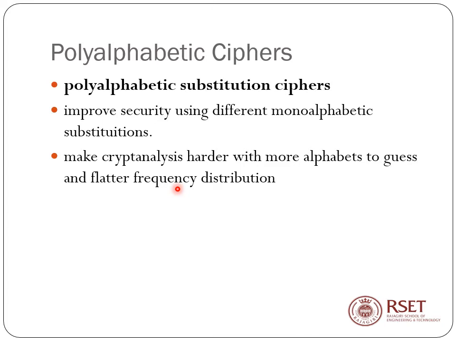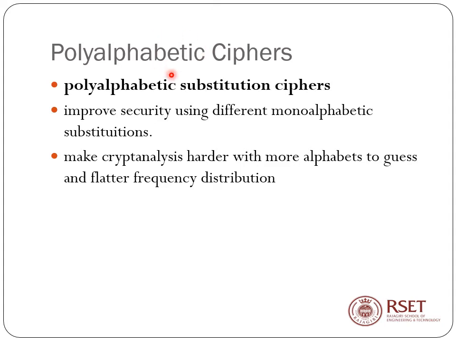If B is substituted with X, then wherever in my ciphertext I find X, that means it is B. So one particular character is always substituted to another character. That is monoalphabetic. That was the reason the redundancy of the language got exploited and it became a failure.